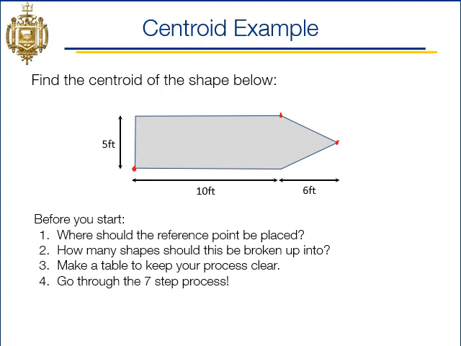And then 4, go ahead and go through that 7-step process and find the centroid with respect to the point you picked for your reference point. So go ahead and pause the video and do this example, and then there's also a solution video that you'll find to go along with this.